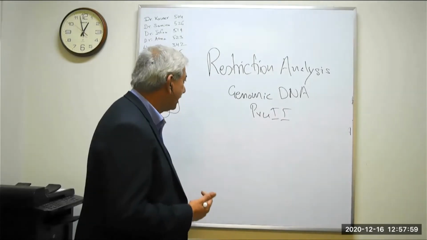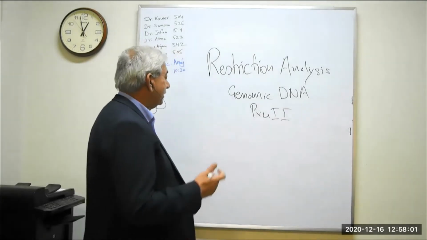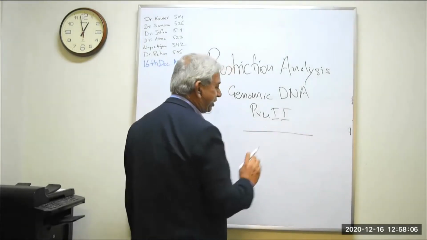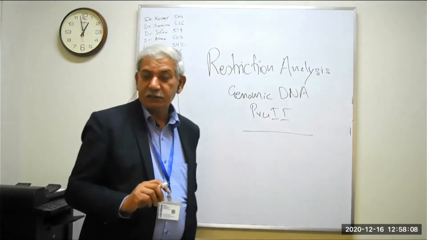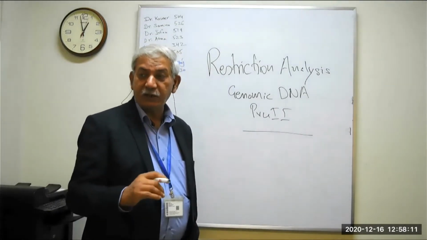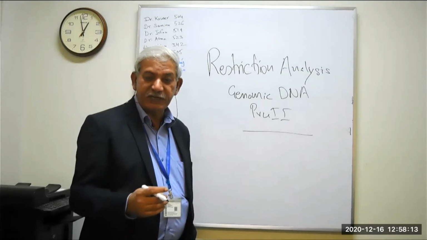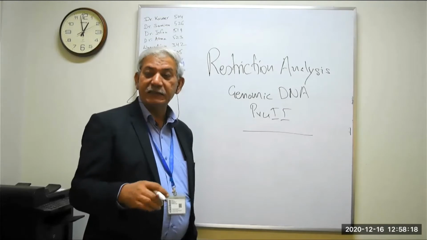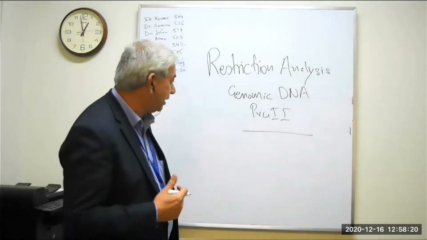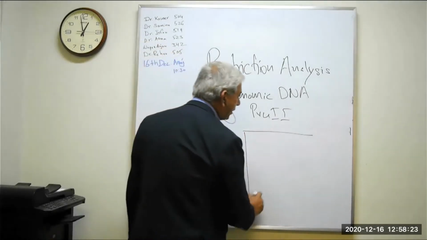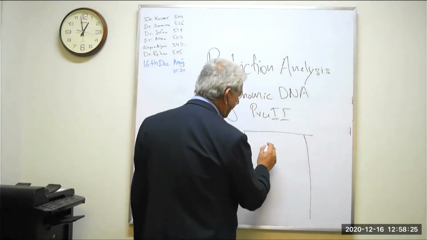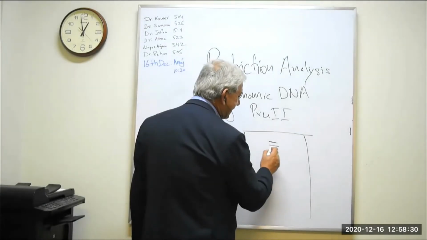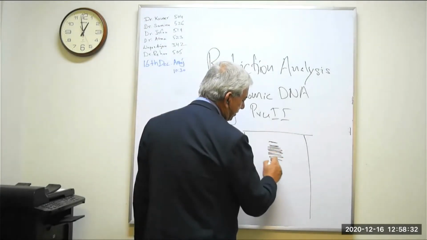What happens is that if we cut any kind of genomic DNA with a restriction enzyme, whether we cut it partially or completely, partially meaning for a couple of hours, and complete digestion meaning an overnight digestion, and load that DNA into the well of an agarose gel, we see a smeared pattern.